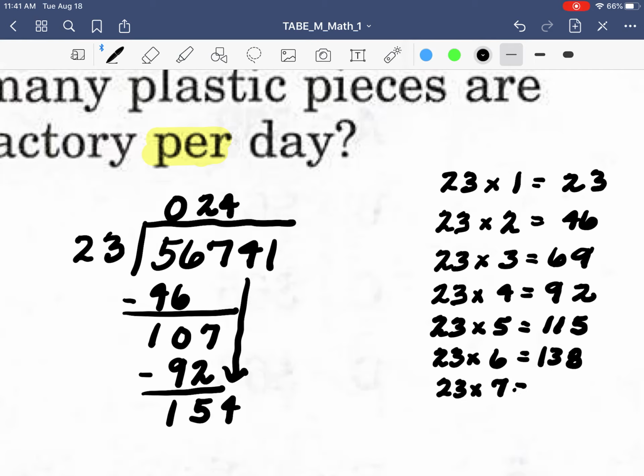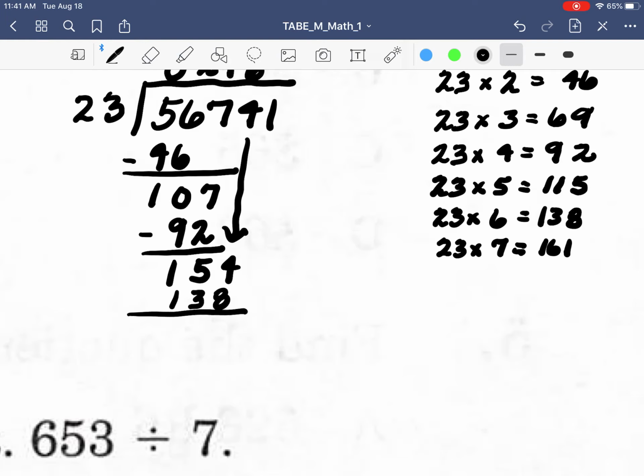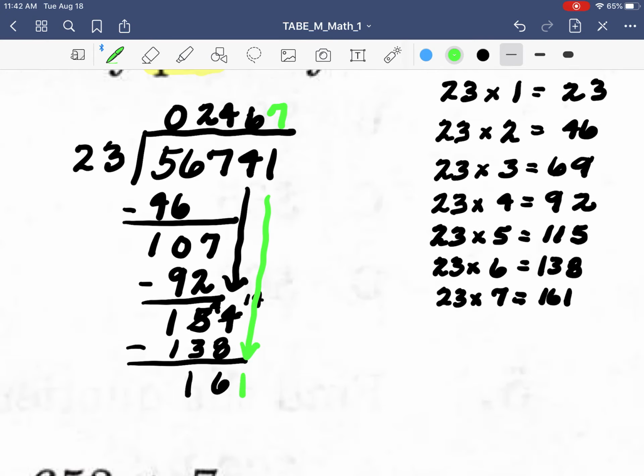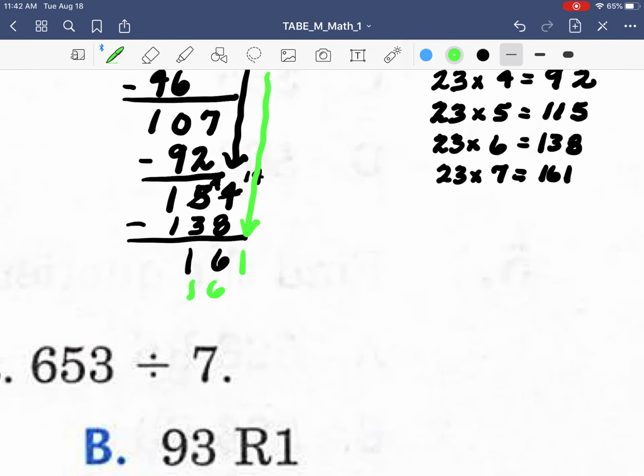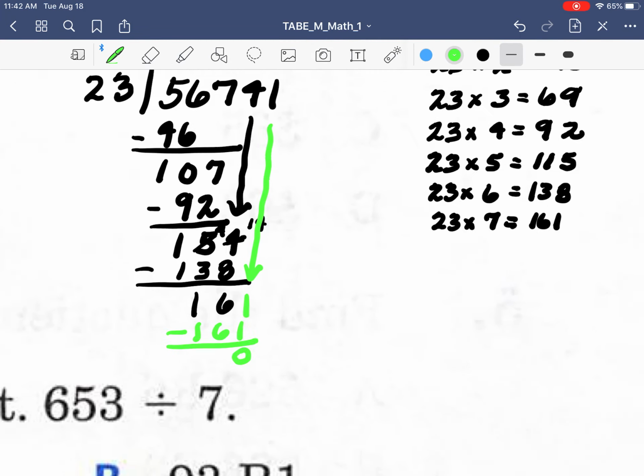Could even be 7. No, 7's too big. So 6 is the one, and that's 138. And let's subtract carefully. Get 16, but don't forget, you've got that 1 to bring down. And that's going to be 7 times exactly. That is 161 with no remainder.